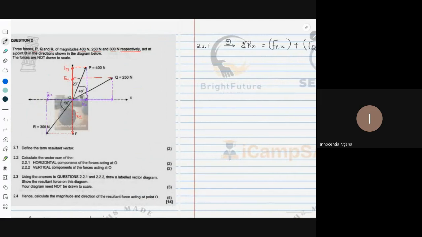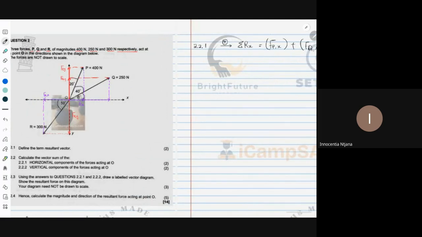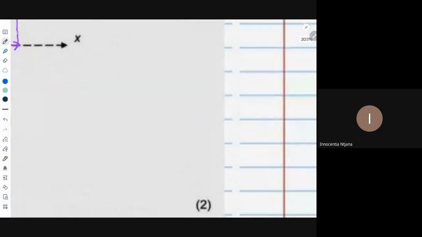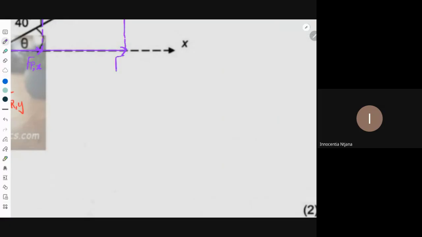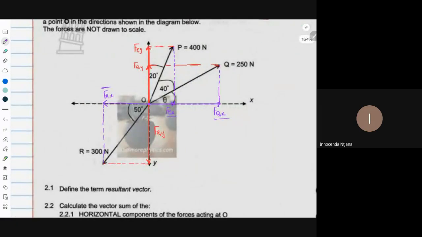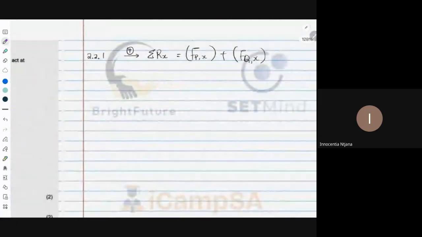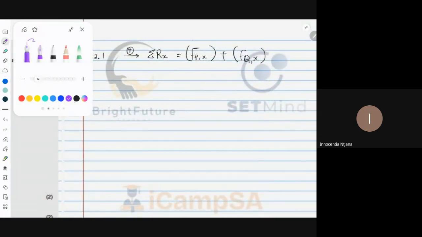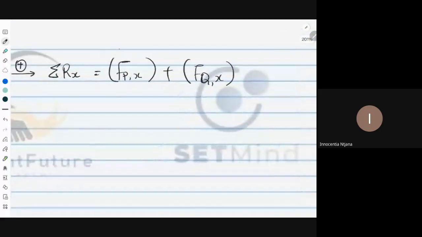Keeping directions in mind, FR is opposite to P and Q. If you notice, FPx and FQx are both going to the right, so those are positive. Only FRx is going to the left, so we add it as a negative because we chose to the right as positive.